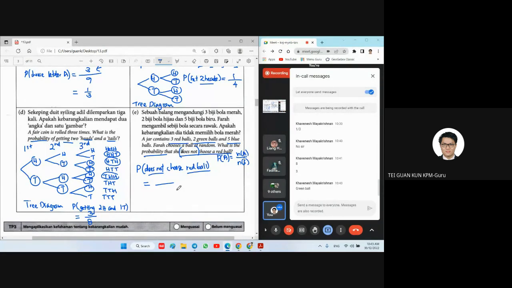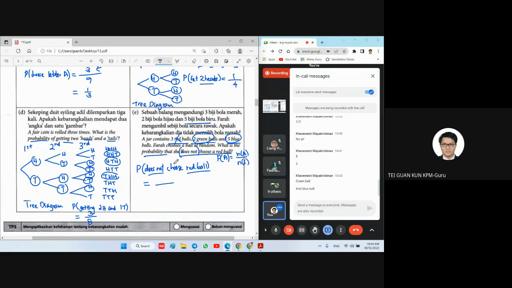Green ball. Green ball sahaja ke? Tak nak red ball. So blue boleh ya, blue? Dia tak nak red ball saja kan? Okay, so dia tak nak red ball. So it can be green ball or blue ball.